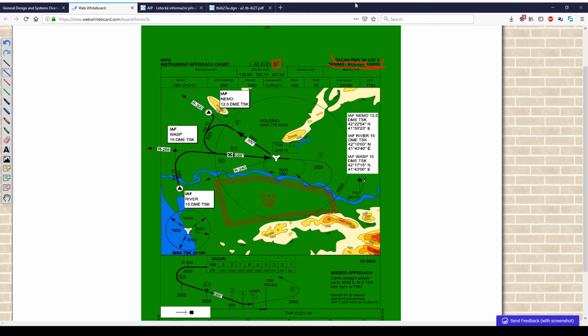You do not have any radar frequency. Then you see here the channel for the TACAN approach, and the approach course or final heading is 1A8.